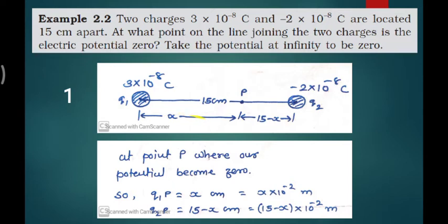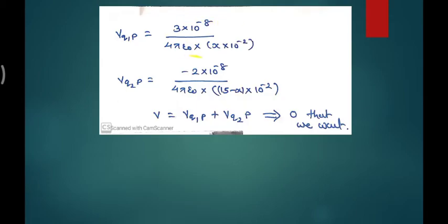Please forgive me, the square is not there in the potential expression. So this is 3 into 10 to the power minus 8 upon 4 pi epsilon 0, and this is your r. I am taking meters, but at the end we will convert into centimeter again. For q2, the charge is 2 into 10 to the power minus 8 upon 4 pi epsilon 0, and the distance is 15 minus x.